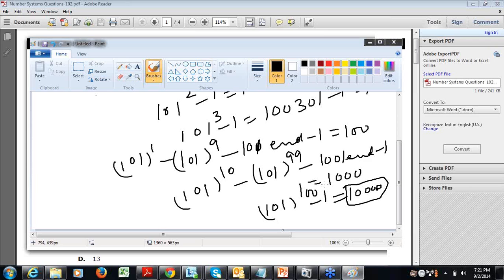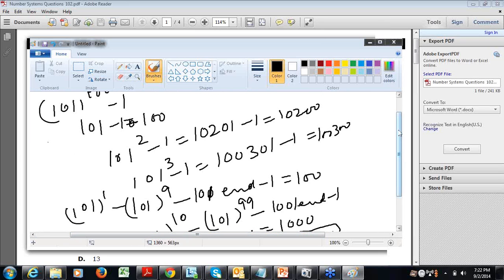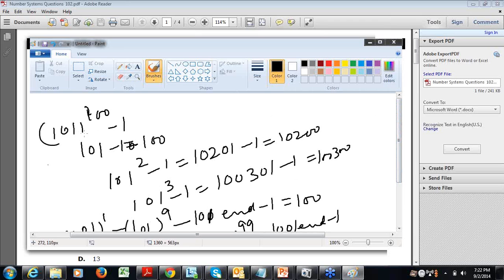There is a different way, which is a longer way. On a symmetry basis, you can actually say that 10,000 will perfectly divide 101 to the power 100 minus 1. Okay, I'll give you one more way, which is a more logical way for you all, but it's a lengthier way. So 101 to the power 100 minus 1, this is what we need to find out.